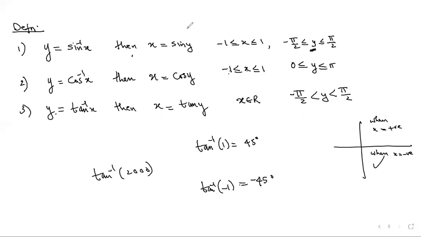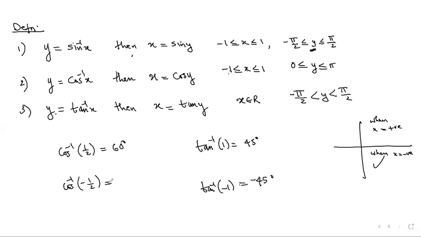Now listen carefully. Next one. What is cos inverse of half and cos inverse of -half? Cos inverse of half. Which angle gives you cos half? 60. What will be cos inverse of -half?